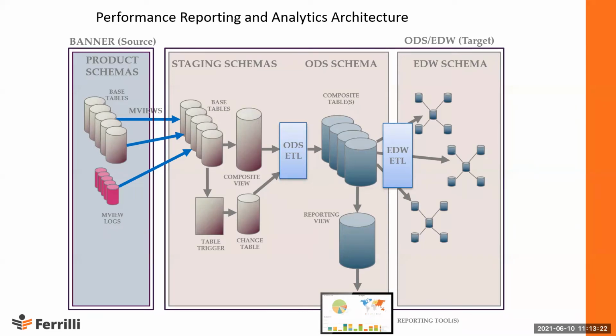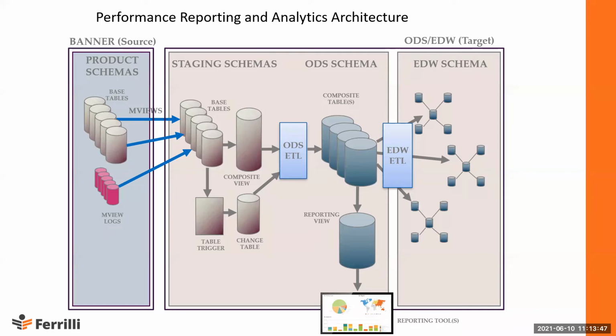Delete executes first. So delete goes out to the change table, grabs that record. There's an ID in that record. It removes all the records on the reporting side in the composite table for that ID. And then the update mapping runs. Update mapping goes to the change table and joins the change table with the composite view.